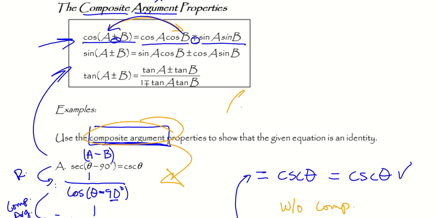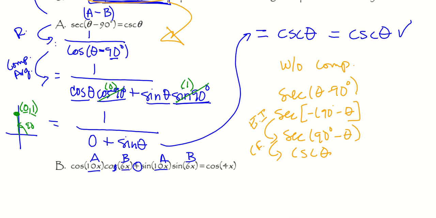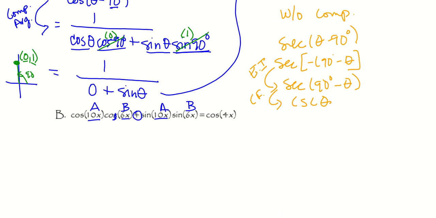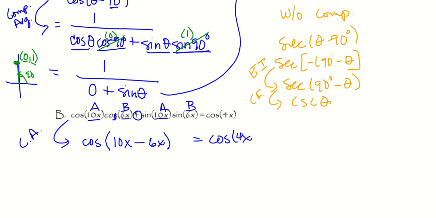So I can apply that property backwards, and by my composite argument identity, I can rewrite this as the cosine of my A, which is 10x, minus my B, which is 6x. That's supposed to equal the cosine of 4x.